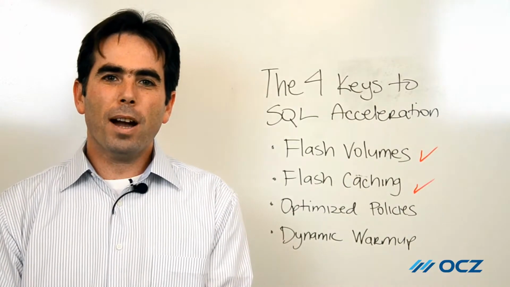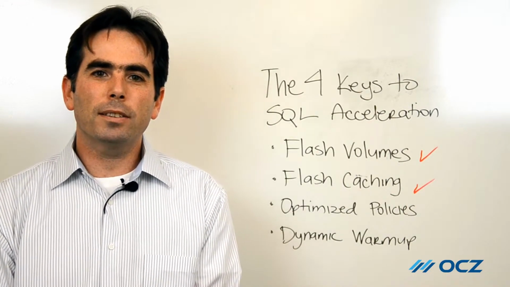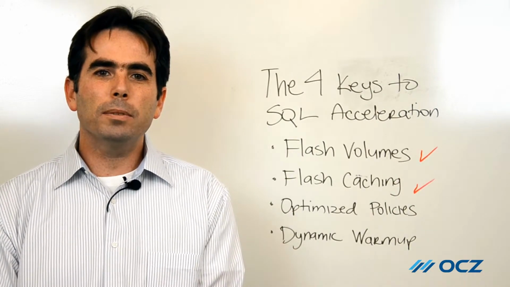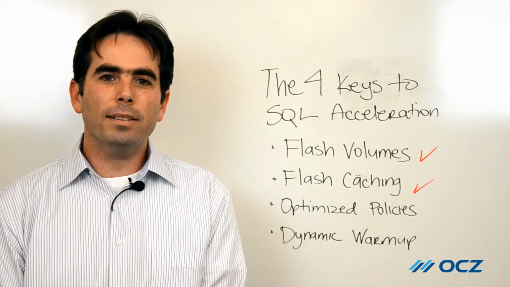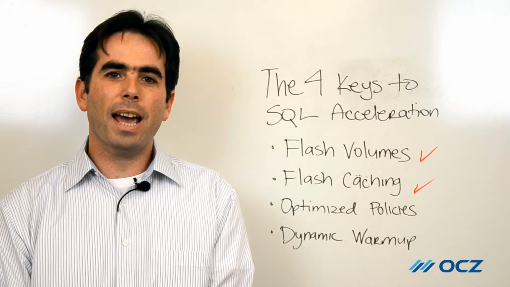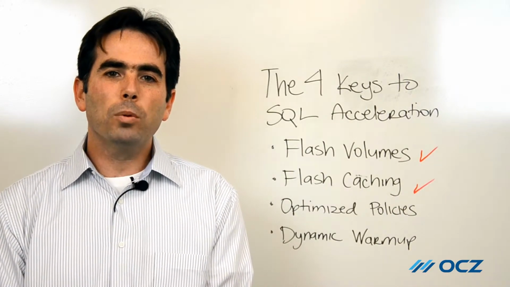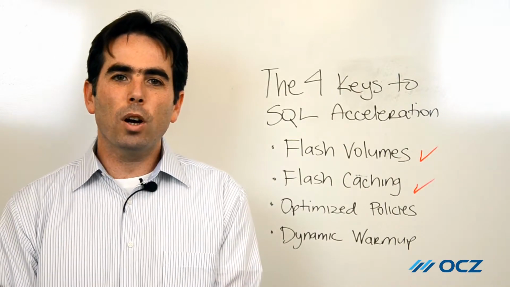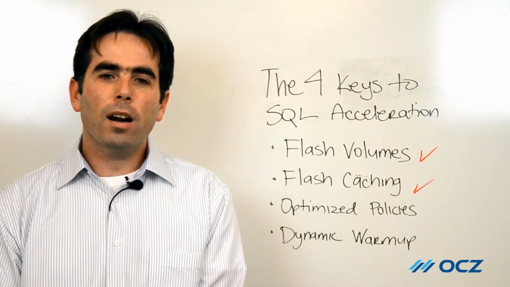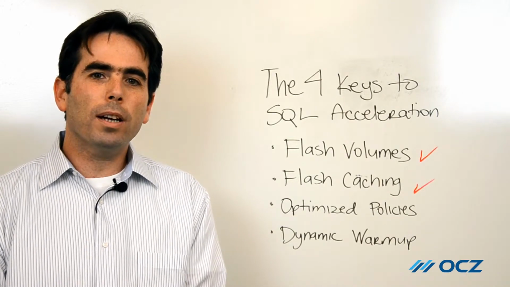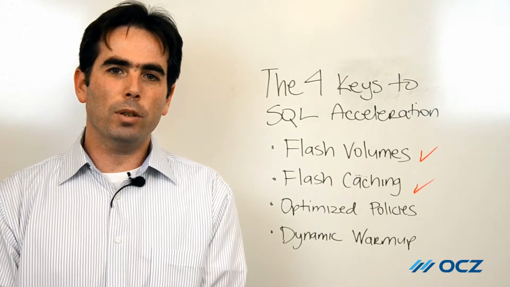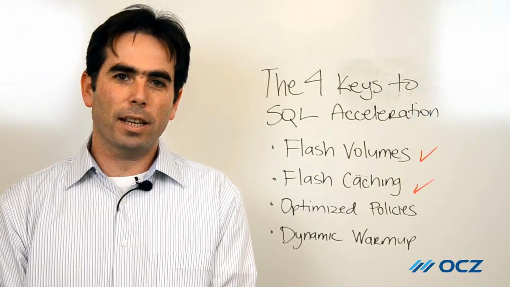The two other items on the list of things that are key to accelerating SQL Server are those items that make sure that the right data is on the flash at the right time. And really, when you examine SQL loads, not all of these loads are identical. There are transactional loads and there are analysis loads which behave really differently in terms of the way they access their data.